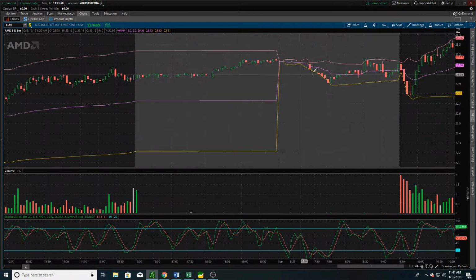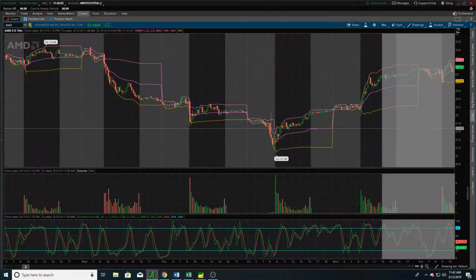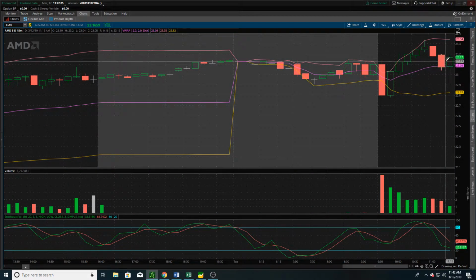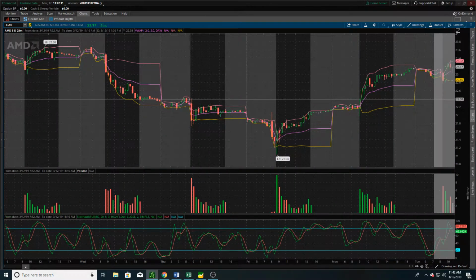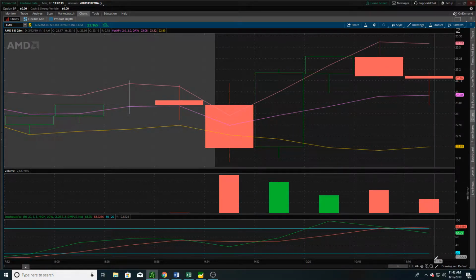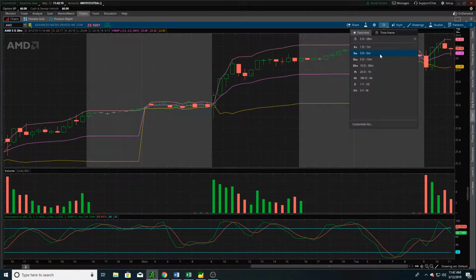And the reason why VWAP is so powerful is that it doesn't matter what time frame you're looking at, because it's not based on time, it's based on volume. So because of that, it is as strong as a lot of people claim.